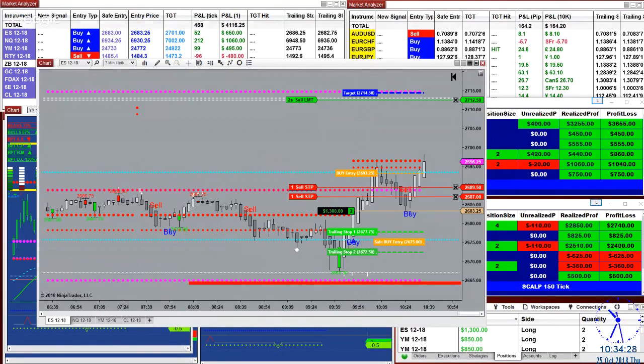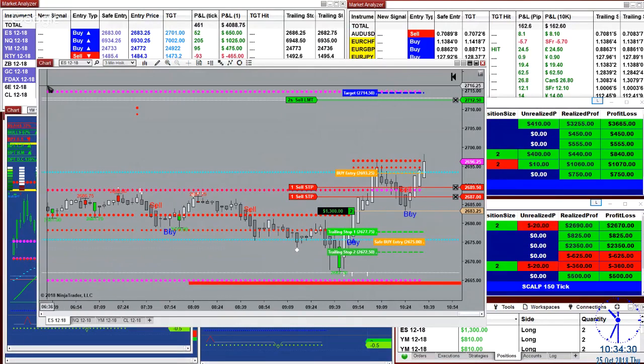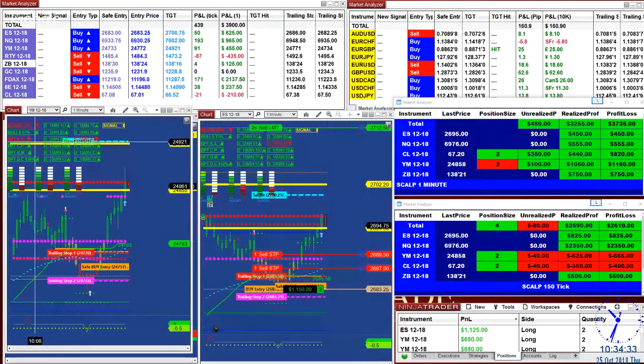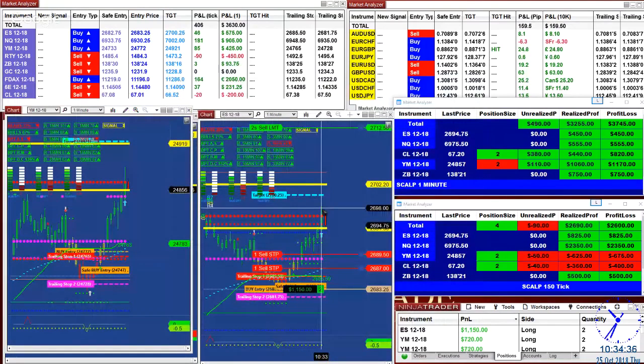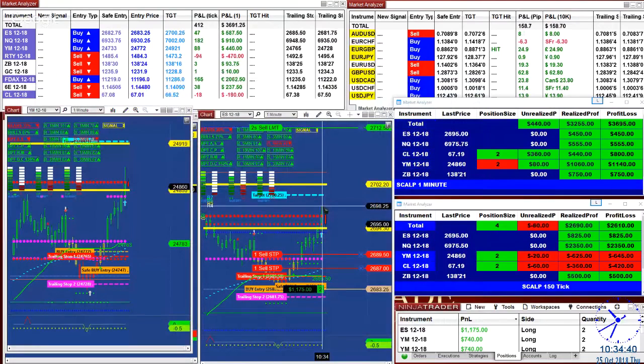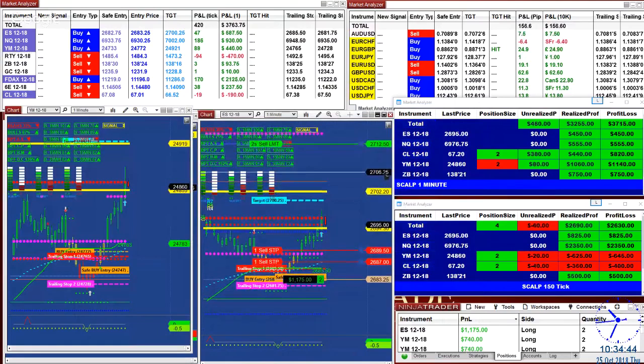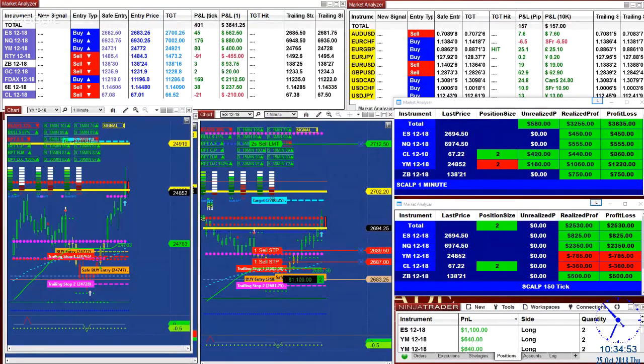We have a lot of traders taking those signals. A little pullback, there is nothing to worry about.